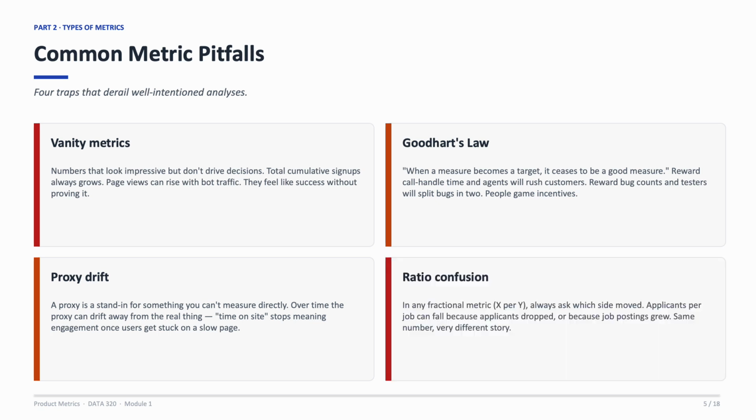Fourth, ratio confusion. In any fractional metric like x per y, always ask which side moved. There will be a slide dedicated to these issues. So, defenses across all four: we need to define metrics precisely, pair them with counter metrics, and revisit them as the product changes.